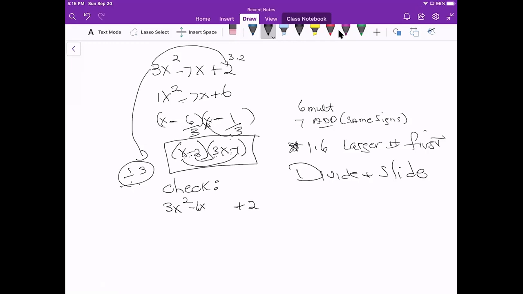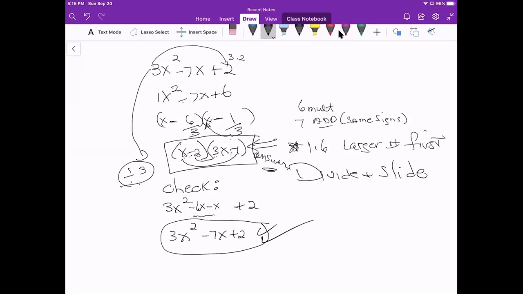And an x times negative 1 is a negative x. And this is going to always add. So we have negative 7x plus 2. And it checks. So this is your answer. It really is easy. You do 1 or 2 of them and you're going to see how simple it is.